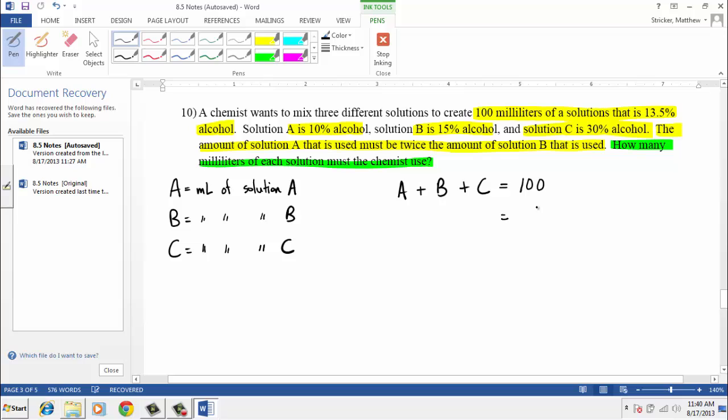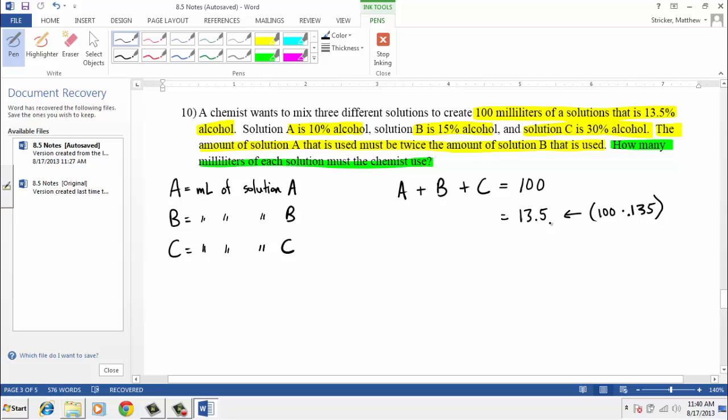Well, the amount of alcohol is going to be, the mixture is 13.5%, and we want 100 milliliters, so it's going to be 13.5 milliliters of alcohol. This part right here comes from 100 milliliters times 0.135, the 13.5%.